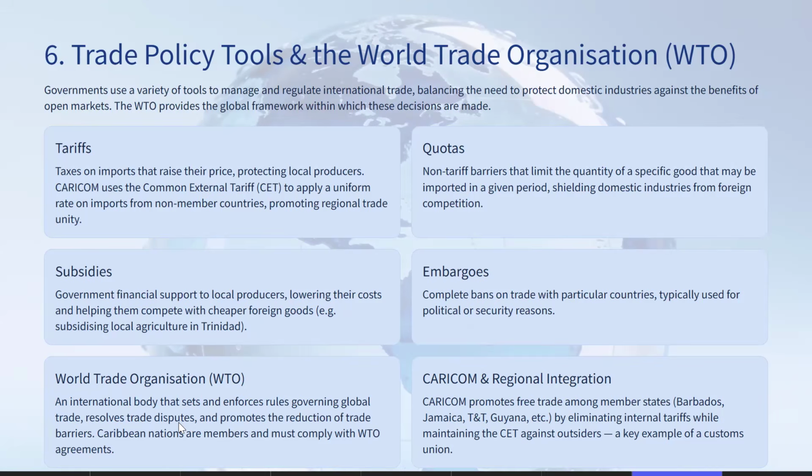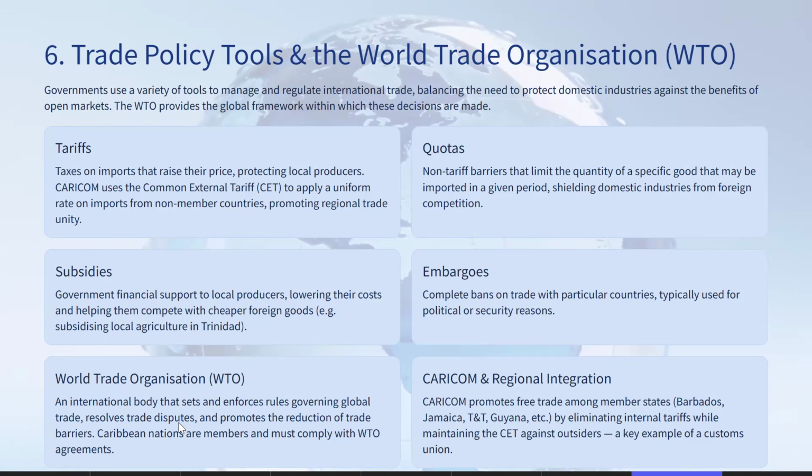Even though we are in the Caribbean, we are part of the world, so we have to follow all the rules and guidelines set by the World Trade Organization as well. Even though we have our own regional body, we have CARICOM and so forth, we have our CSME, we still have to follow the World Trade Organization.